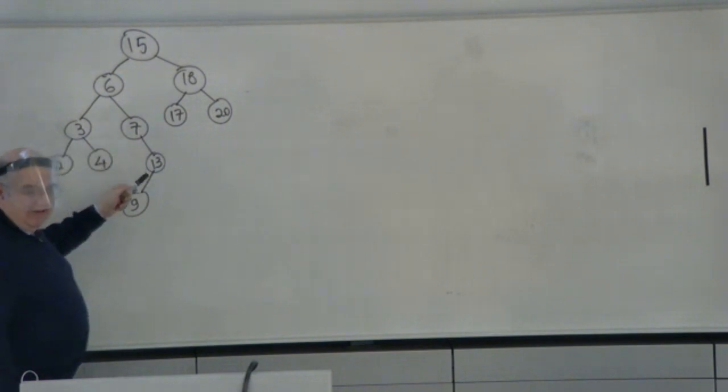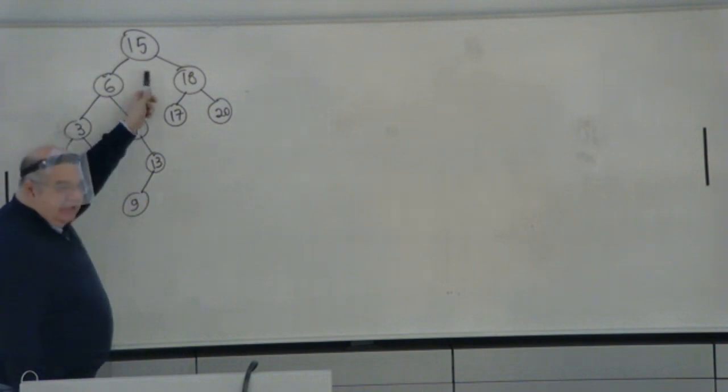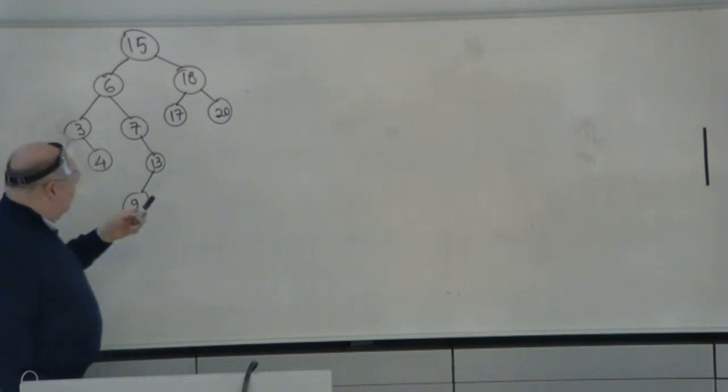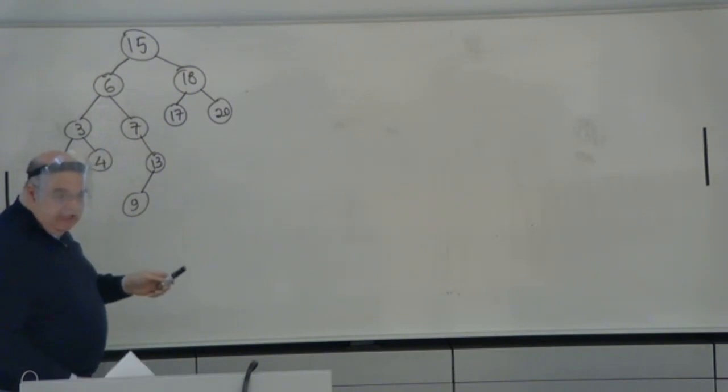So, for example, the successor of 13, well, we see everything here. The successor of 13 is 15. Successor means, think of you put all the nodes in order. And how to get from 13 to 15?